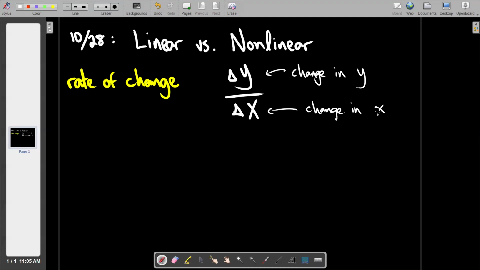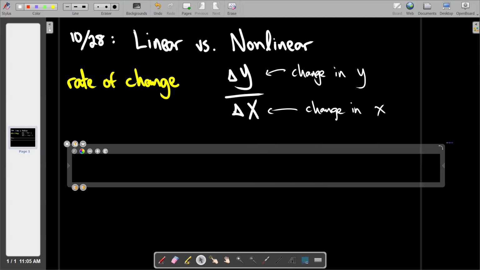So let me show you now examples of what you're learning today. And I took this whole assignment, this one day, this lecture, the assignment, every little bit of it, I pulled right off your next district assessment. There's an entire problem dedicated to this at the very end of your Unit 2 district assessment. And the instructions are going to say this. And if you don't want to copy it down, I understand, but this is what the directions will say. And I'm gonna type it right up here, just like you're gonna see it on the test.